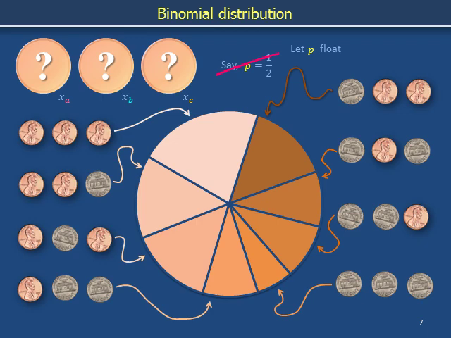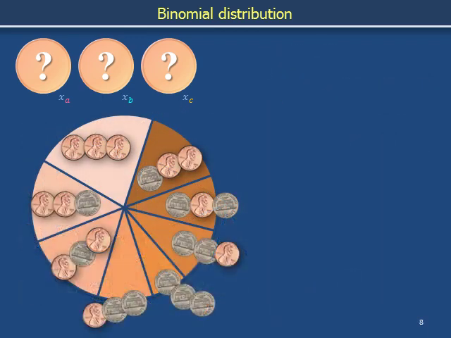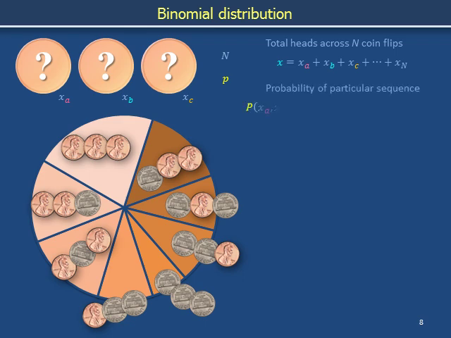Some configurations become more likely than others. Our purpose is to write down the probability for obtaining a particular total number of heads, x equals xa plus xb plus xc and so on, from n tosses, given that each individual coin toss is a Bernoulli trial with probability p. What is the probability for a particular sequence?